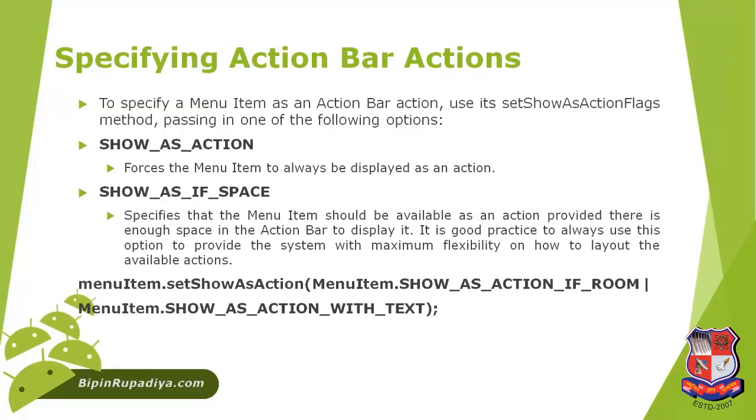Usually what happens is we have the icon there. So if you have set the icon, it is available, but if you set this flag, show as action with text, then that text is displayed on the action bar. So if you want to customize your action bar with the help of a menu, you can utilize this feature.